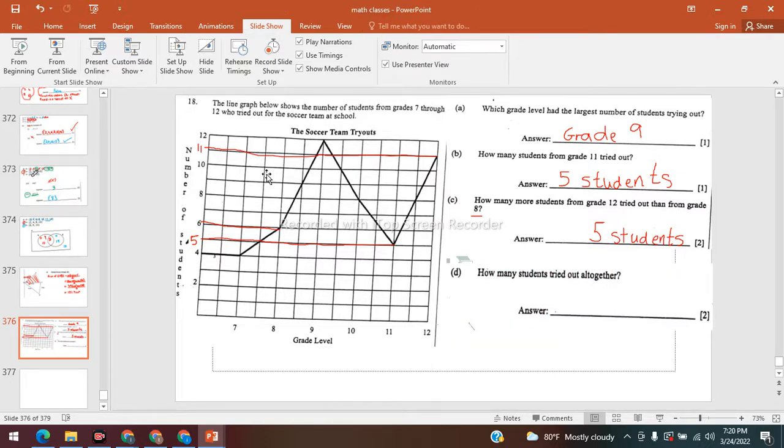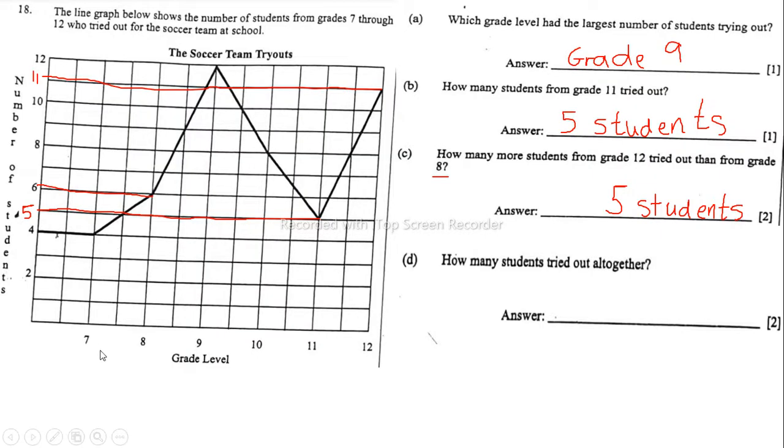How many students tried out altogether? How many did we have from grade 7? We had 4. From grade 8 we had 6. From grade 9 we had 12.